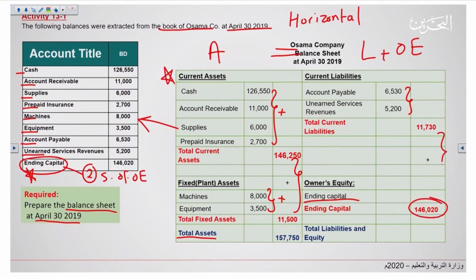We will add these two amounts together to get the total of liabilities and owner's equity, and these two amounts are equal, as you can see, which means our balance sheet is balanced. Like this, we have solved this activity by balancing these two amounts.